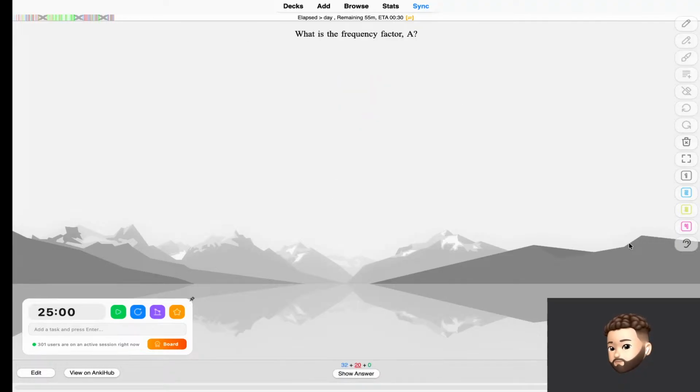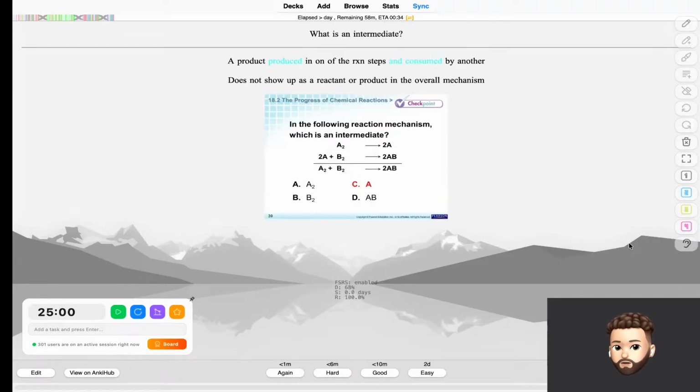Oh, the solvent. Damn. Molecules colliding per second. It is one of the products that are produced in between your reactant and your product. So it's produced by one of the steps and consumed by the next or by another.